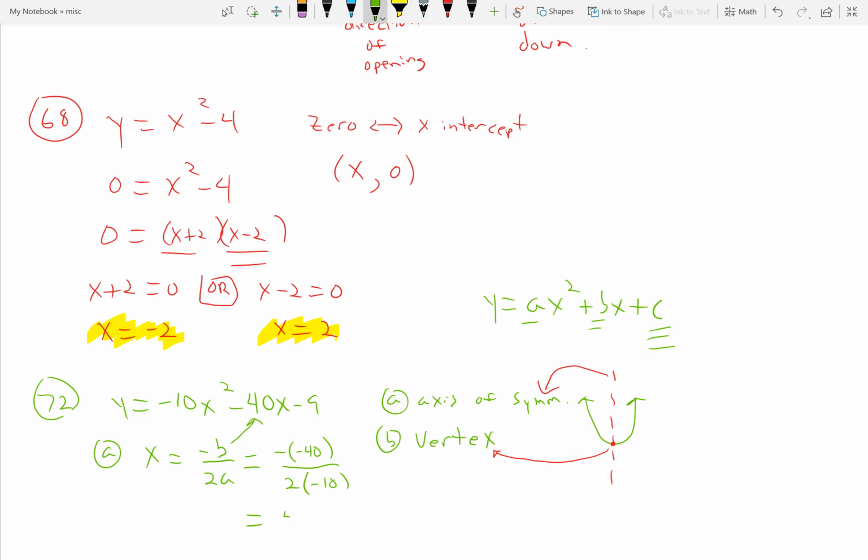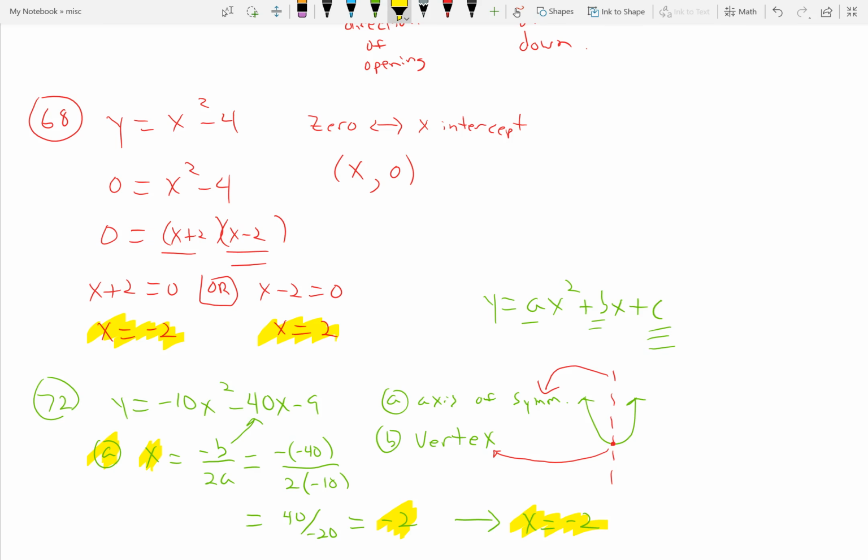This leaves us 40 divided by 2 times negative 10, which is negative 20. That is a negative 2. Actually, technically, it's x equals negative 2. x equals negative 2 is the axis of symmetry. One more time, the axis of symmetry is a line. In this case, it's x equals negative 2.